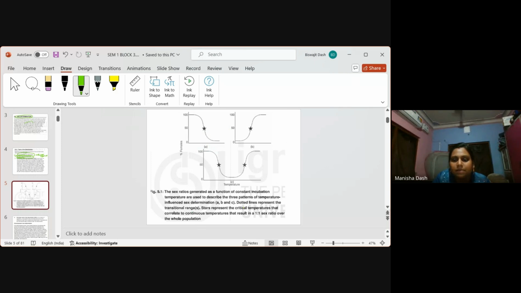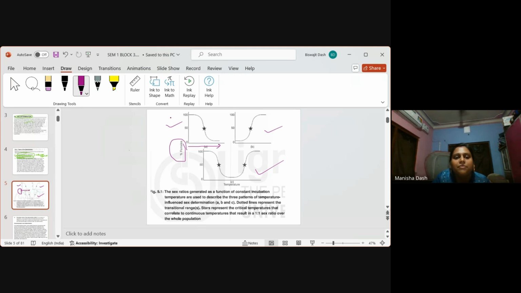So let's see some examples here. You can see that the three different graphs represent how temperature is responsible for the determination of sex in individuals. In the first graph, the y-axis indicates the percentage of female and the x-axis indicates the increase in temperature.